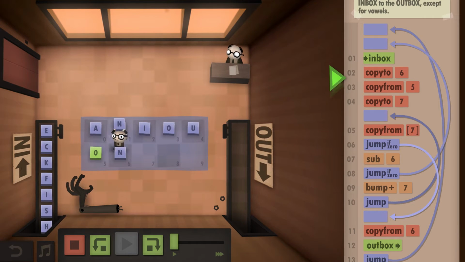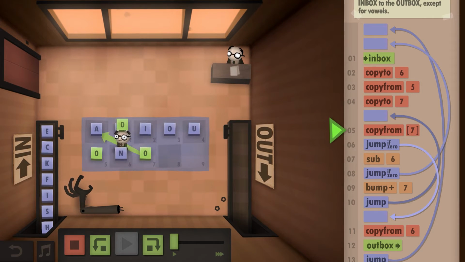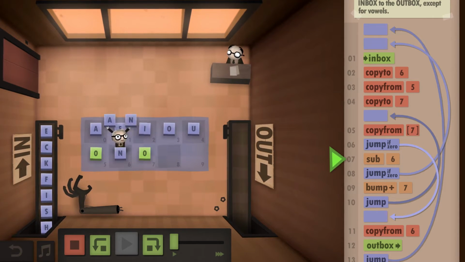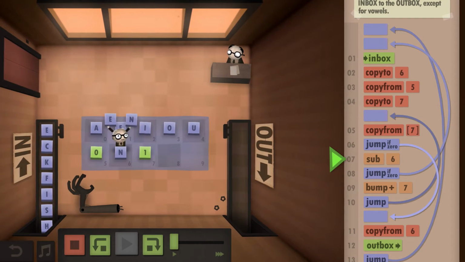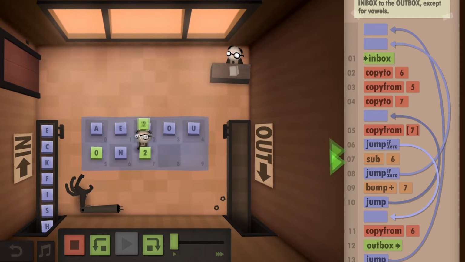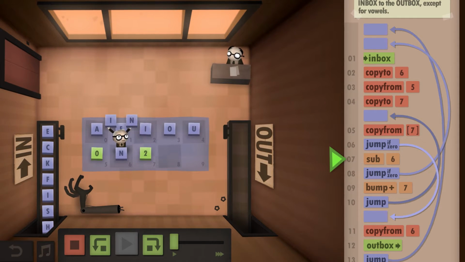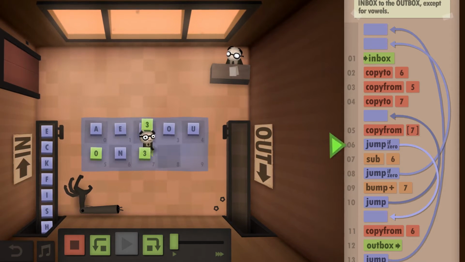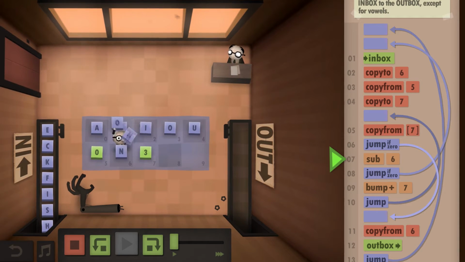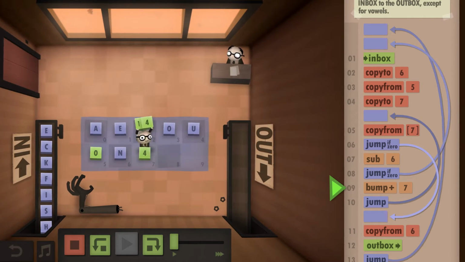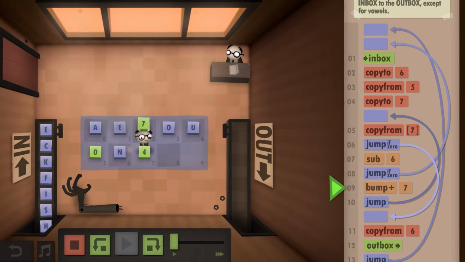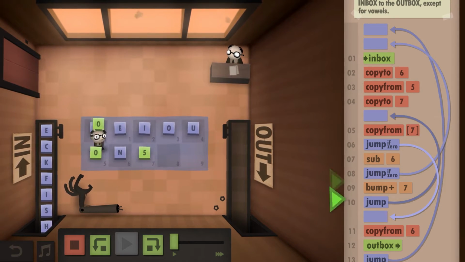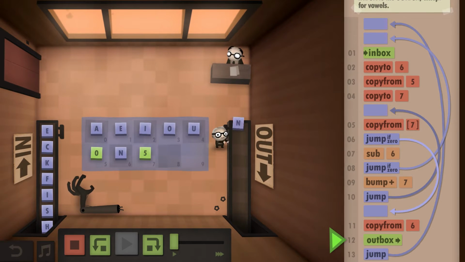So we're comparing N right now to all of the vowels, and N is obviously not a vowel, but it's got to compare them all anyway. Okay, 4 to move over. U and N, not the same. Grabbed that, picked up a 0. Need to copy that letter over and throw it up.